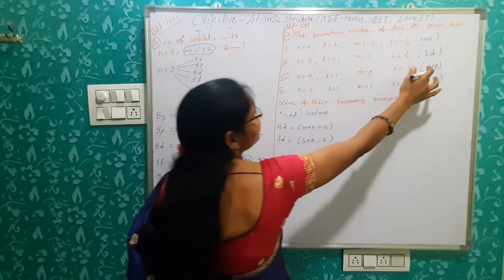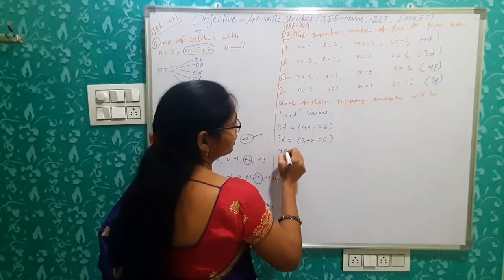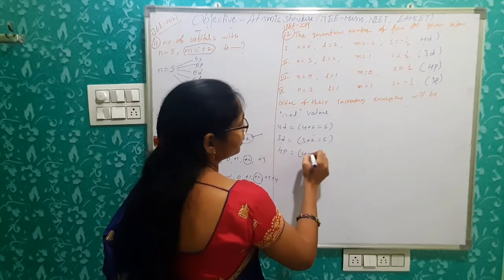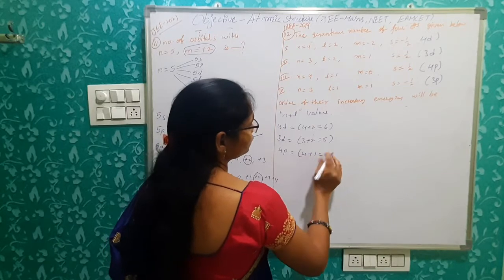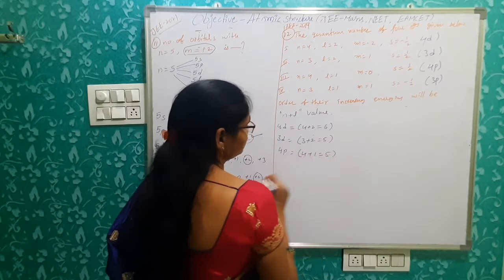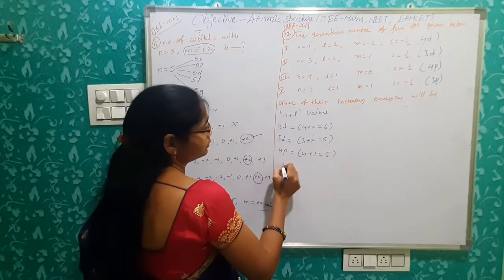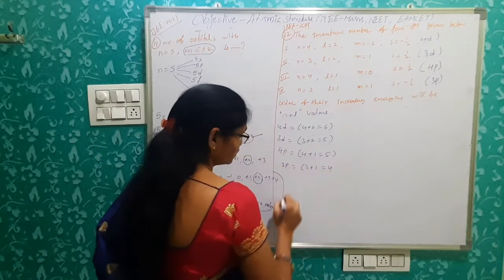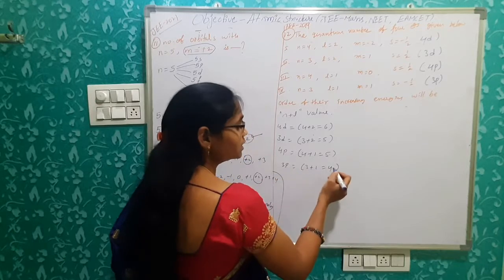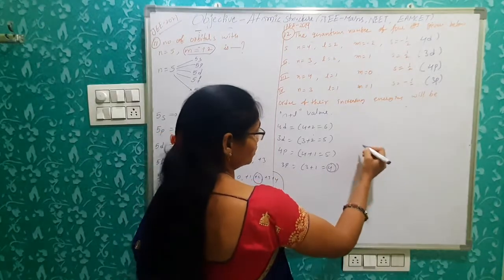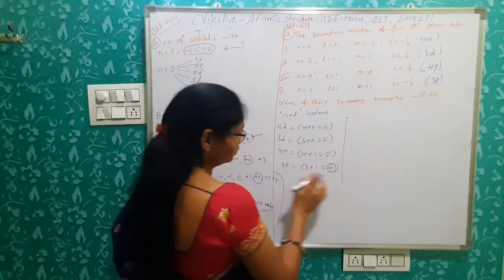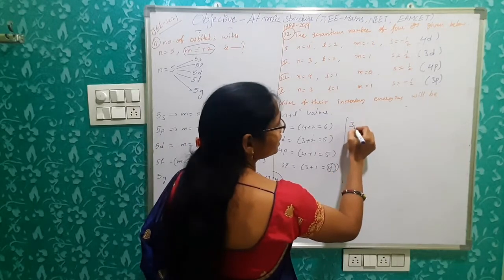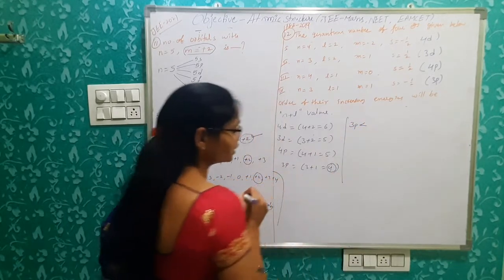Next, 4p orbital, 4 plus 1, 5. Next, 3p orbital, 3 plus 1, 4. So which has the least n plus l value? 4 means 3p. 3p is the lowest energy level.